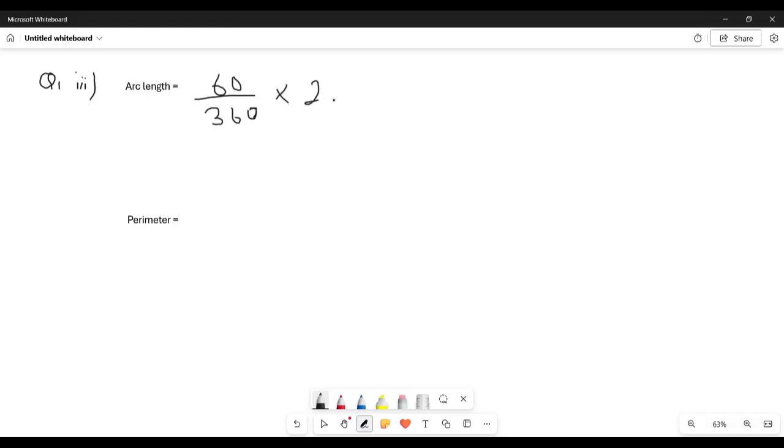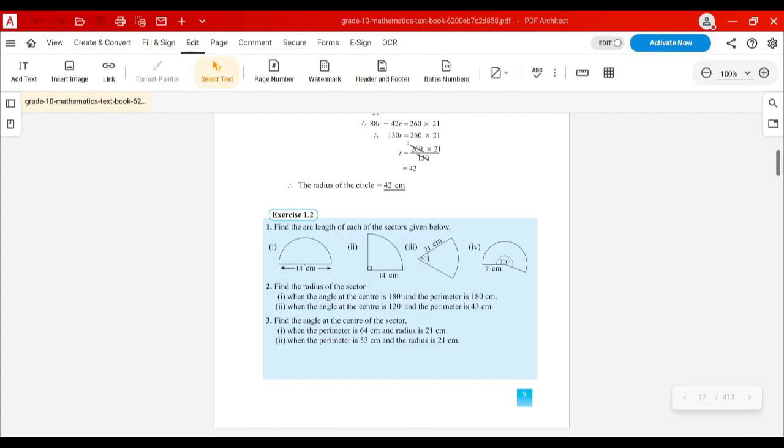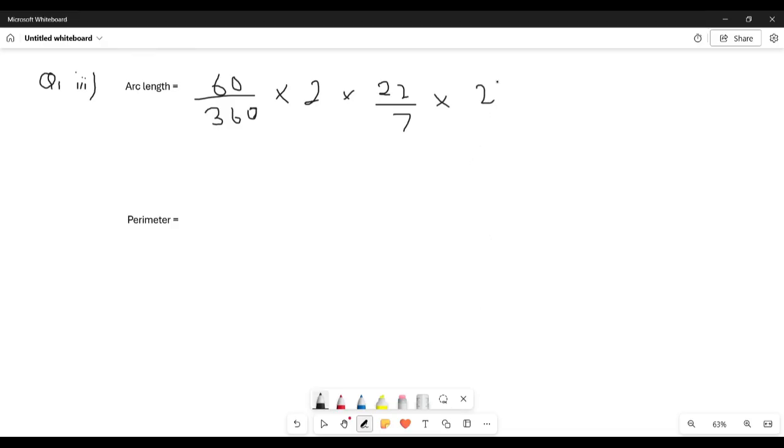Remember that. 2 into 22 over 7 into what's our radius again? 21. So let's do the cuttings. 0 and 0 cut, right? 6 times 1 is 6. 6 times 6 is 36, right? 7 times 3 is 21.